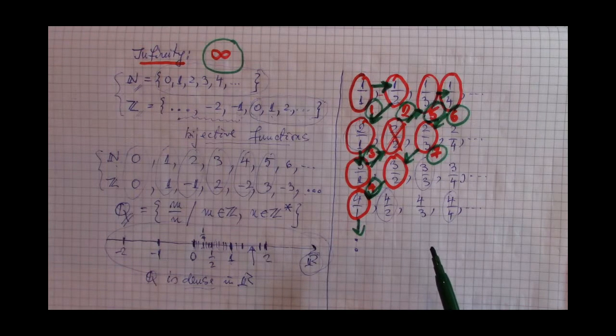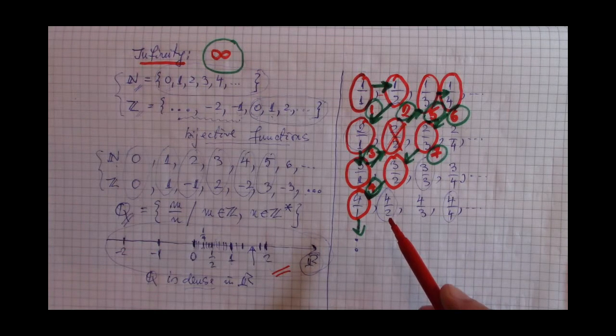So now, which one is bigger? Q or N? Basically, this picture here kind of tells us that Q is bigger than Z, while this picture here shows us that the positive rationals are not at all bigger than the integers from 1 and up.